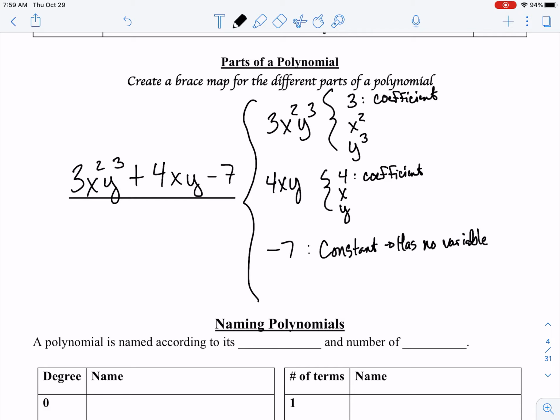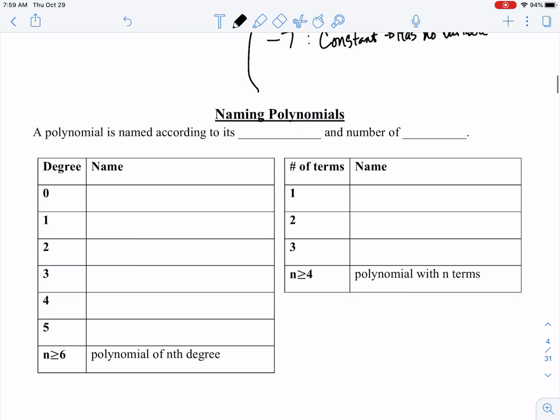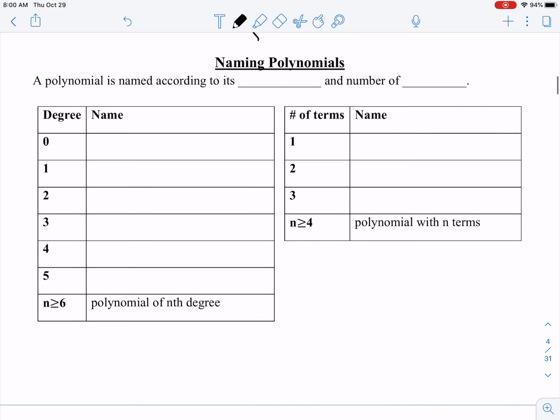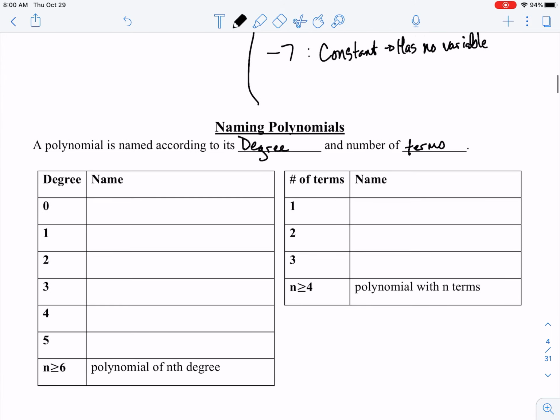And now, naming a polynomial is according to its degree and number of terms. Okay, if the degree is 0, that means it doesn't have a variable raised to a power.